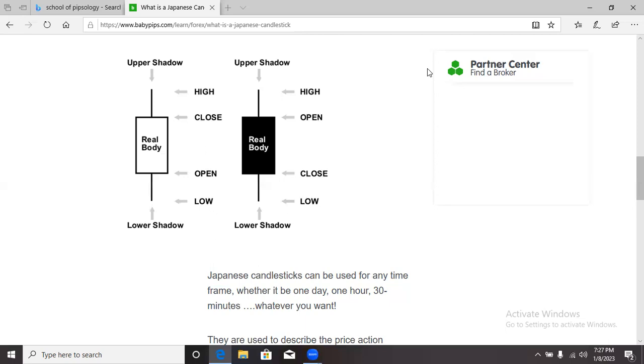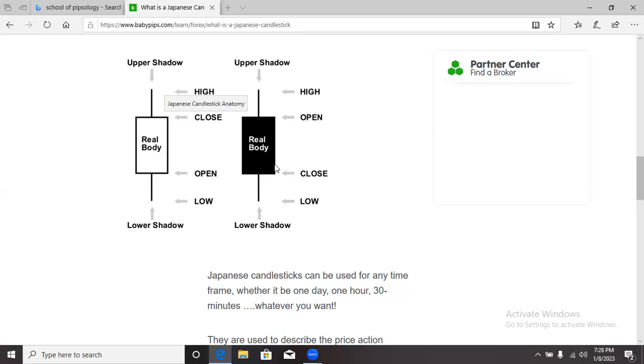All the candlesticks we are seeing over here have a story they are telling, and it is your responsibility as a trader to decode the story behind every candlestick. If you are able to decode that story, you can probably anticipate the next candle or the next direction of the market.